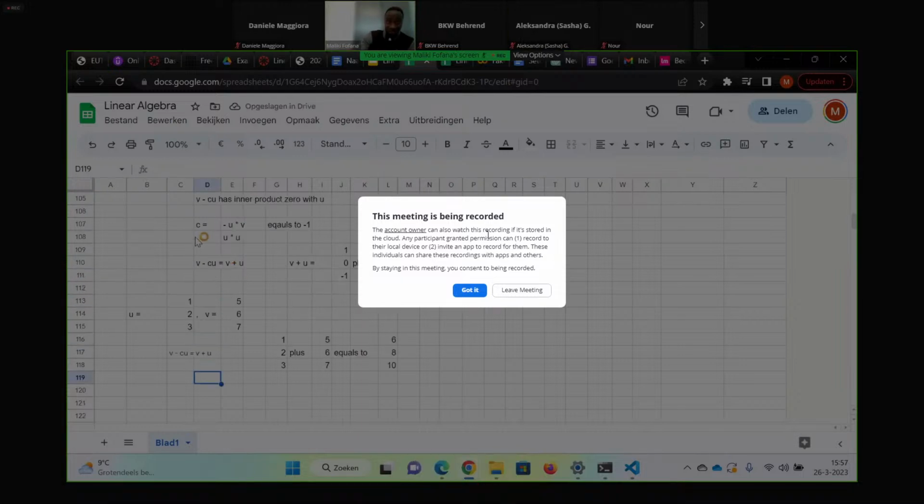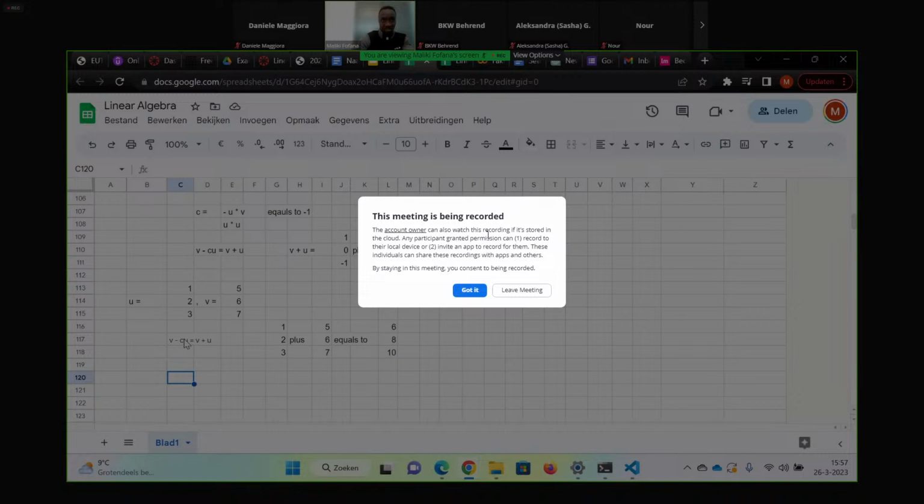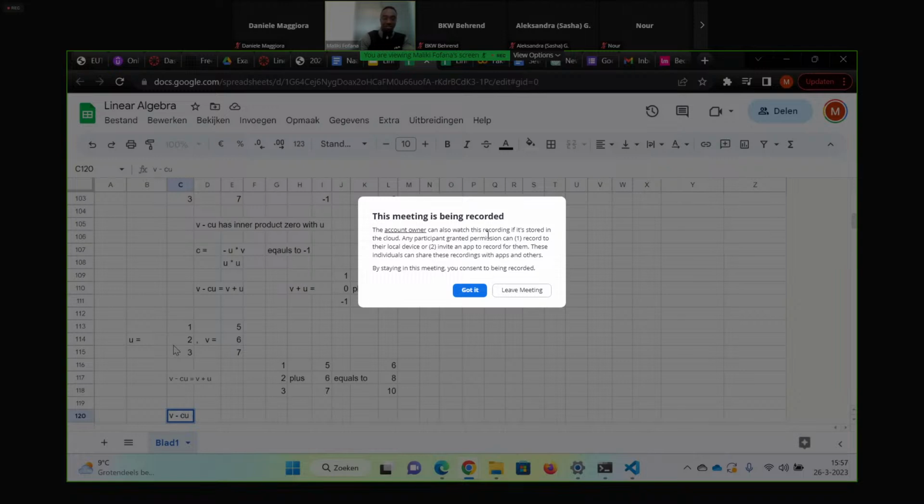So first of all, I have to compute my C, because once I have my C, I can scale my equation with the following formula. I have my V minus CU, right?